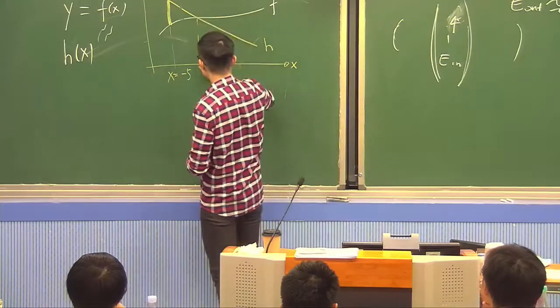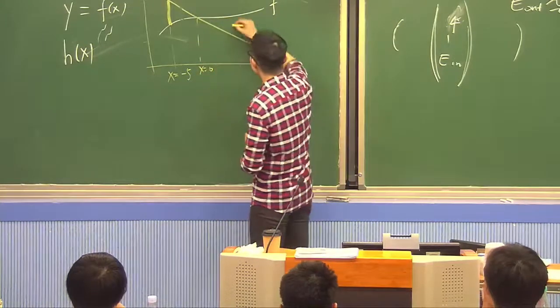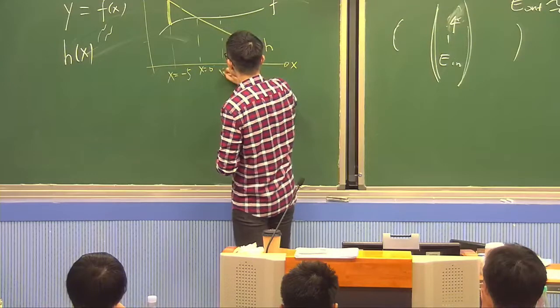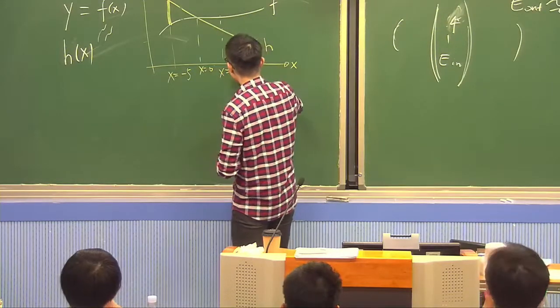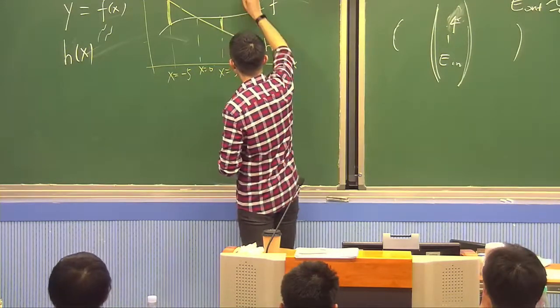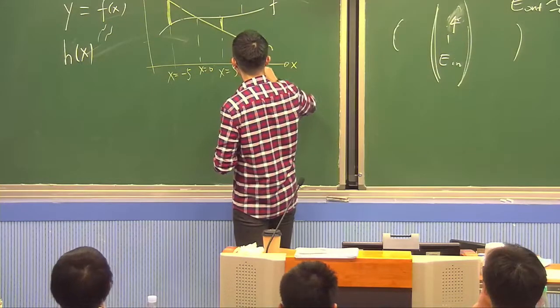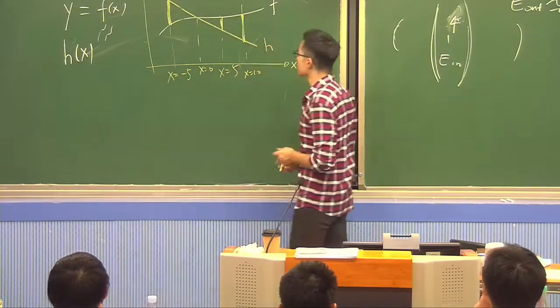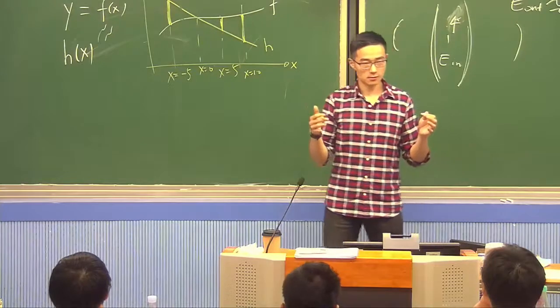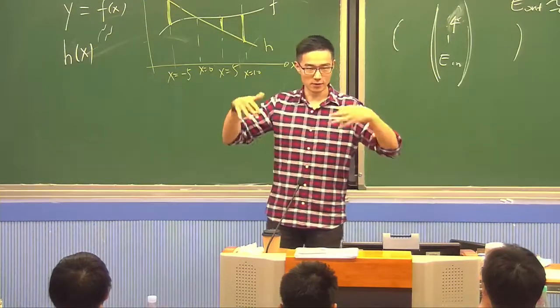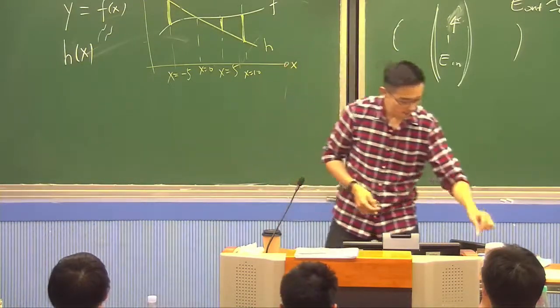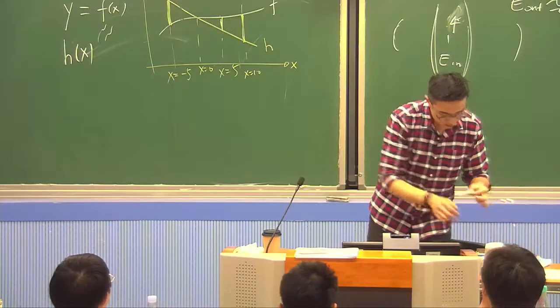Now, at x equal to 0, there's no difference. At x equal to 5, this is the distance. At x equal to 10, this is the distance.